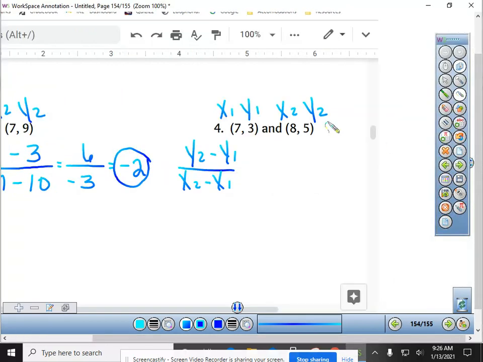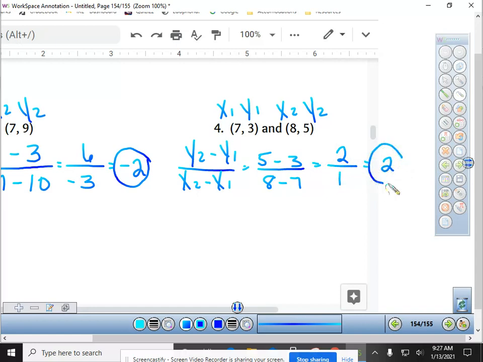What is Y2? 5. 5 minus 3 divided by 8 minus 7. What is 5 minus 3? 2. 8 minus 7? 1. And 2 over 1 equals 2.